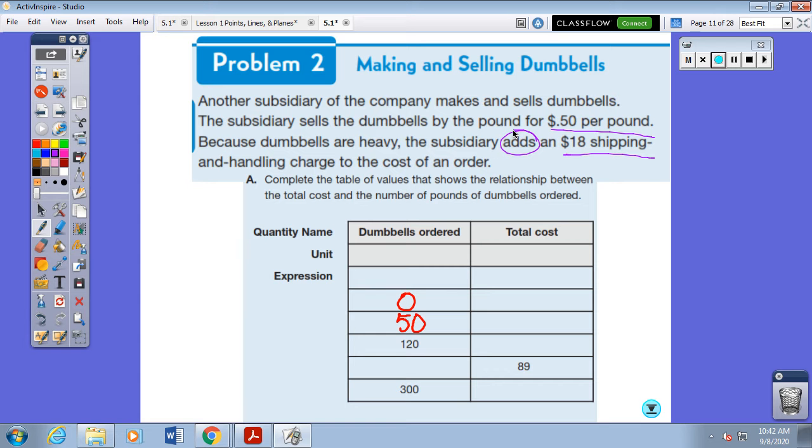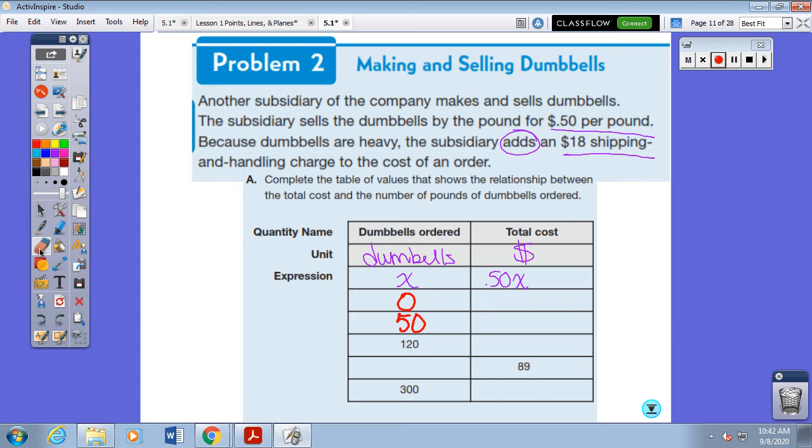Alright, so our dumbbells will be X. And our money here, it'll be 50 cents per pound.